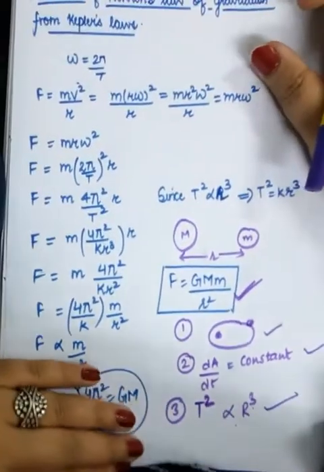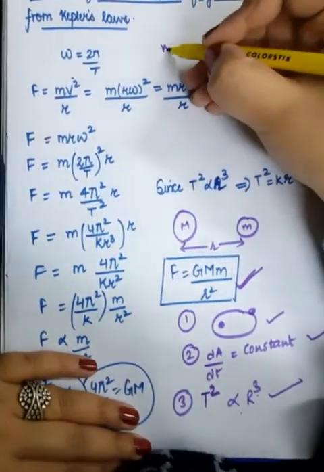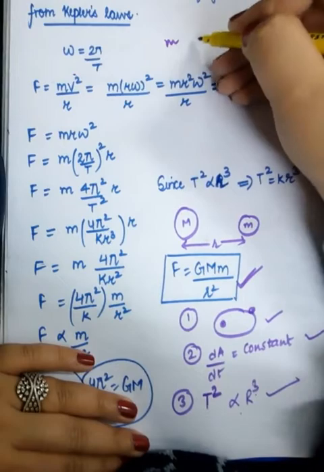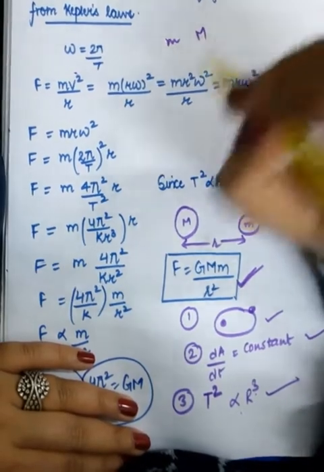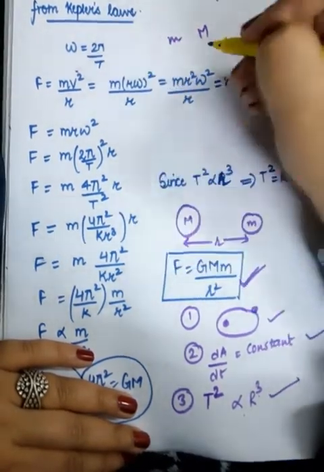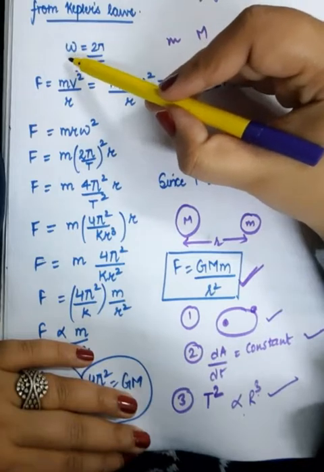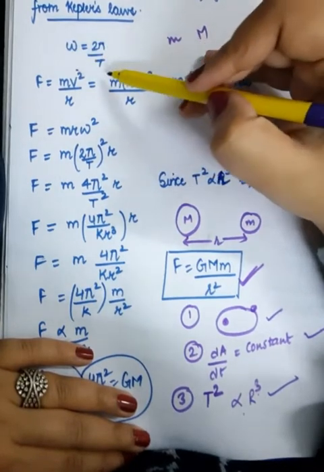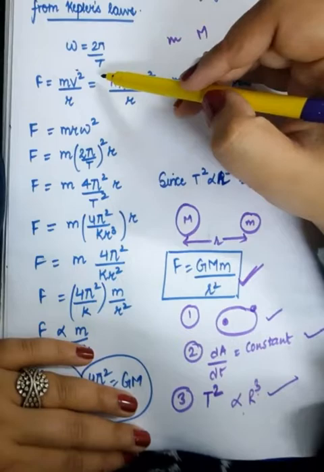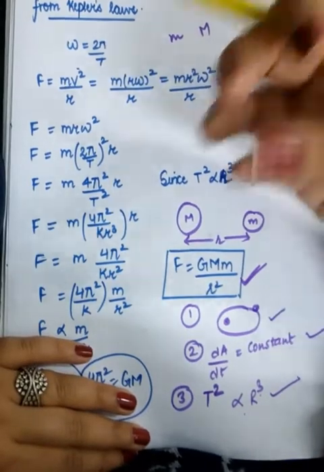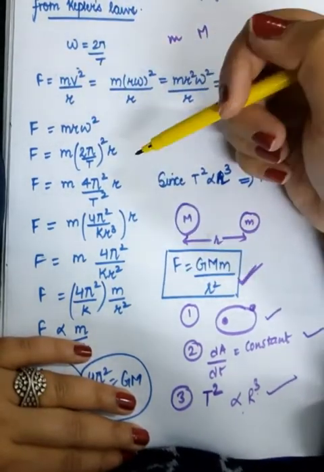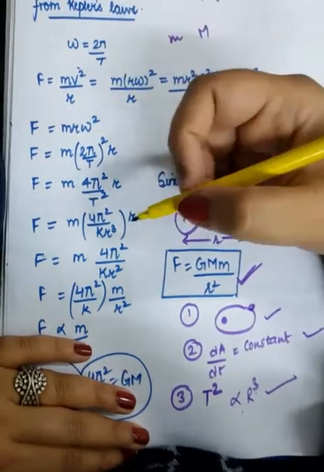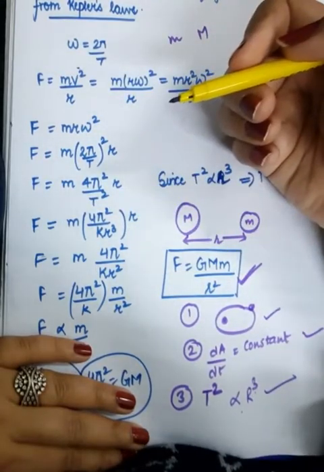Suppose a planet of mass small m is revolving around the sun of mass capital M with an angular velocity omega, where omega is equal to 2 pi by T, and capital T is the time period. When the planet is revolving around the sun, of course it will require a centripetal force.